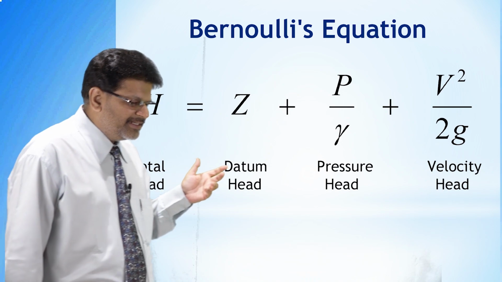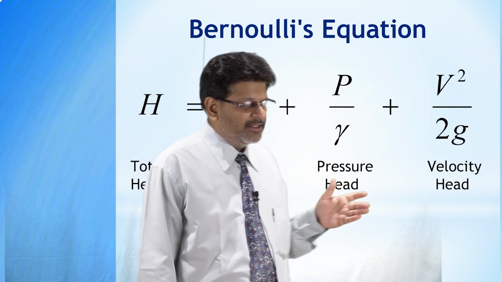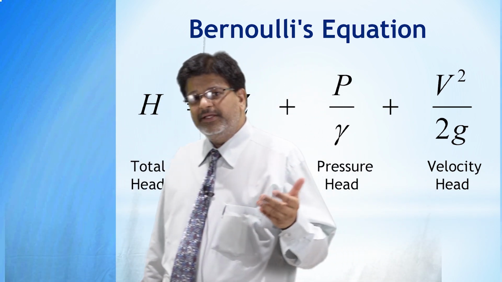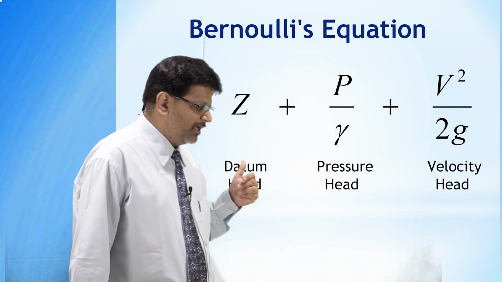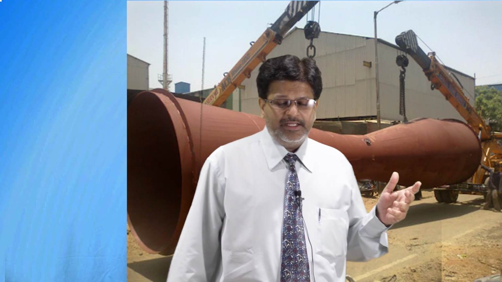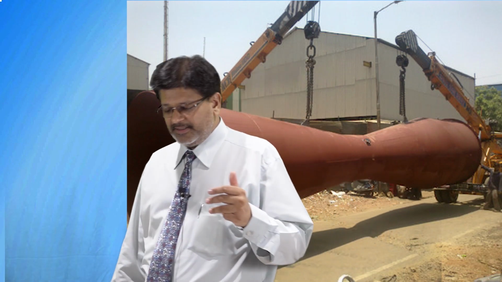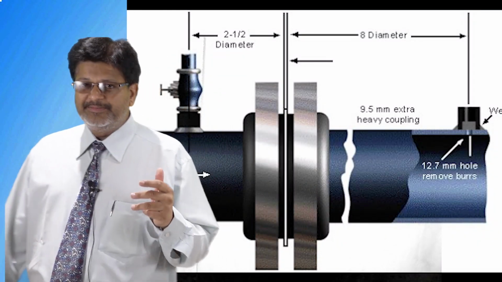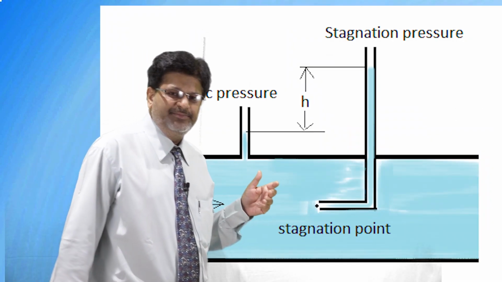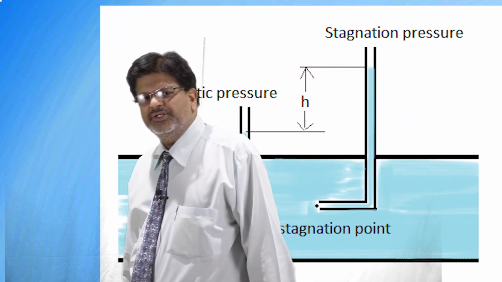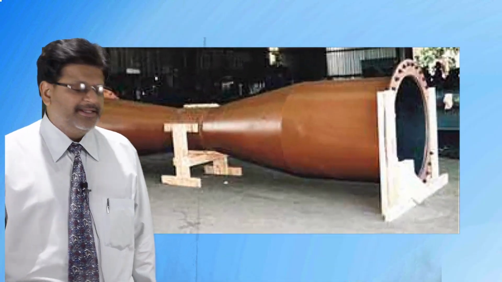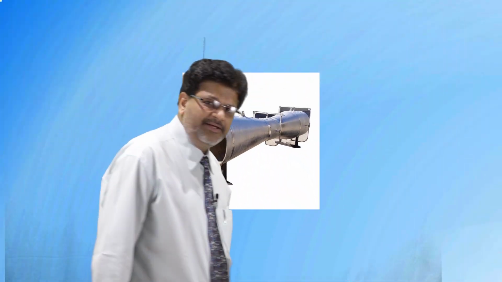There are so many instruments which are developed and they are working based on the Bernoulli's equation or Bernoulli's theorem. Number one is venturimeter, number two is orifice meter, and number three is pitot tube, and there are many other instruments. Now if we focus our attention on venturimeter, it is called a flow measuring device.